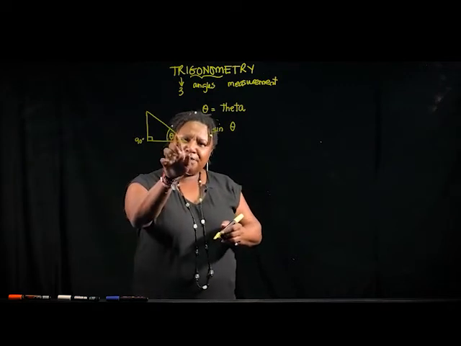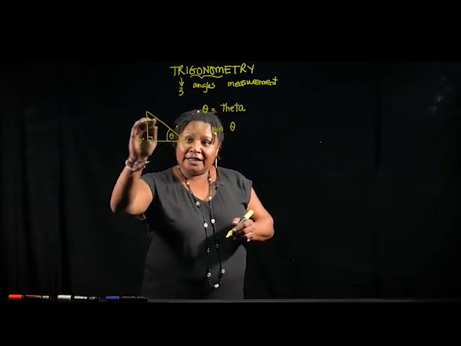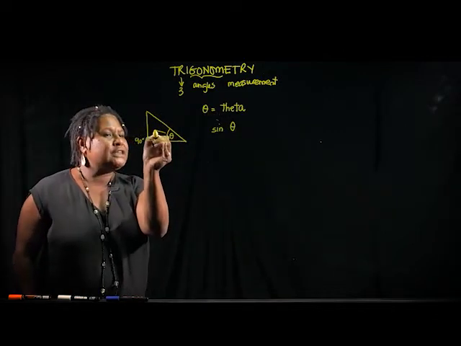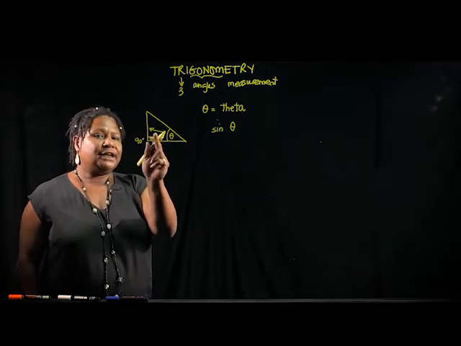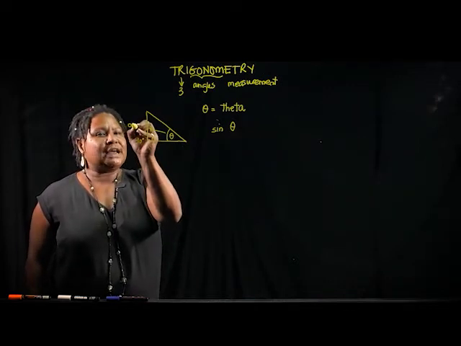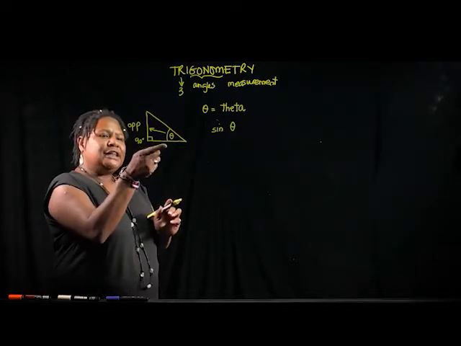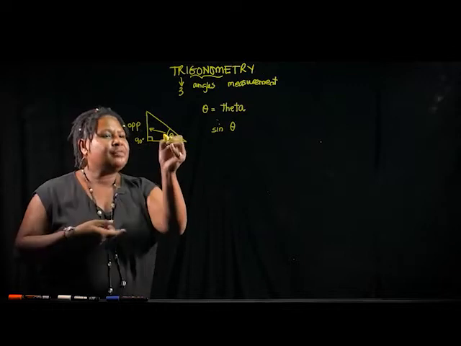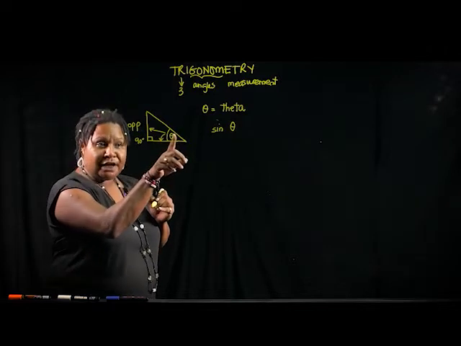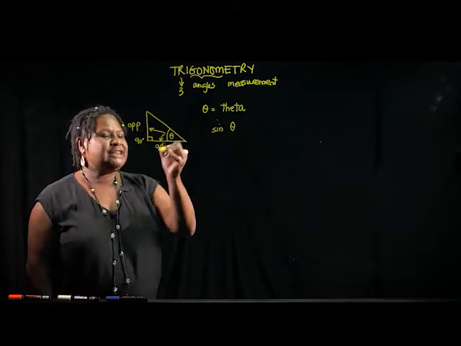We have to go back and see where those sides are. In terms of theta, let's identify our two other sides here. The side opposite theta is known as the opposite side, but always abbreviated to OPP. The side which is here, let's use arrows, is next to theta, so we say it is the adjacent side.